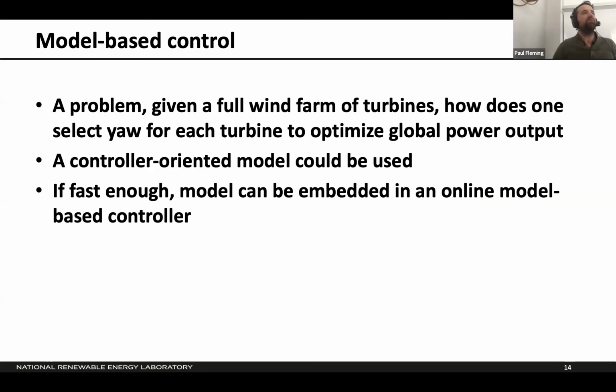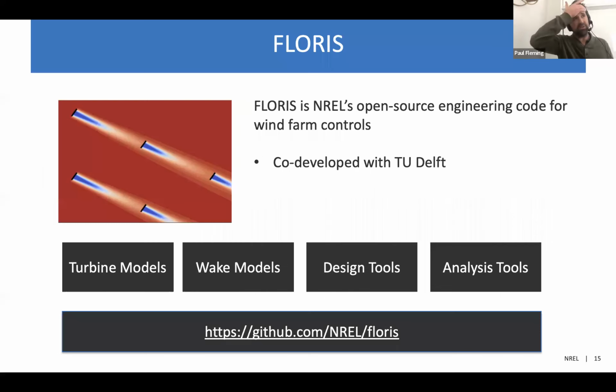The next problem we had was, okay, so say you wanted to do this. You need to design a wind farm controller. What yaw angle should a turbine take in different operating conditions? And so that was really what led us to create what we called an engineering or control-oriented model of wake steering, which we named FLORIS. This is again a collaboration with TU Delft.